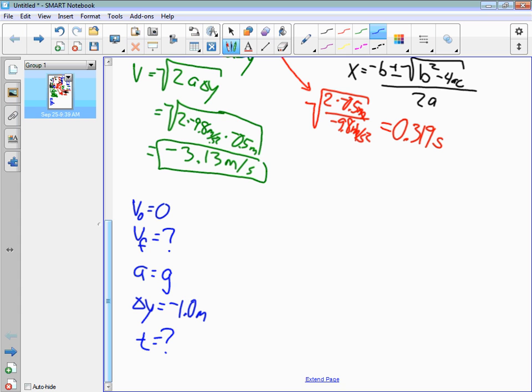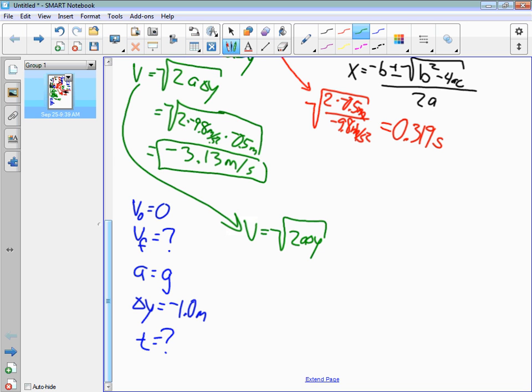Luckily, because I rearranged the equations before, I can just say v equals the square root of 2a delta y. Plug it in.